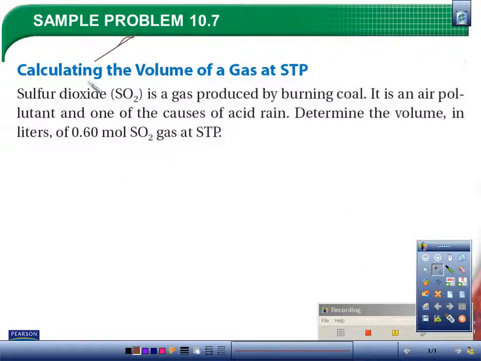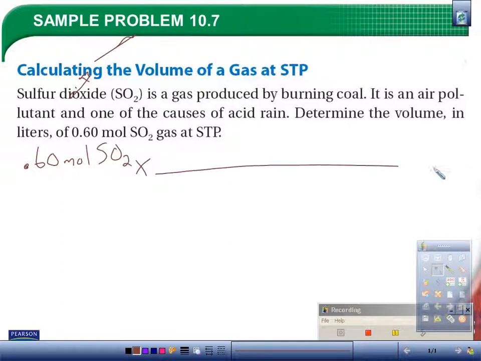So this problem here, I start by writing my given. I have 0.60 moles. Okay, I don't want the moles. It's asking for volume. And so again, that's my constant.